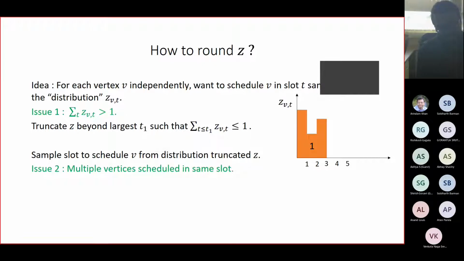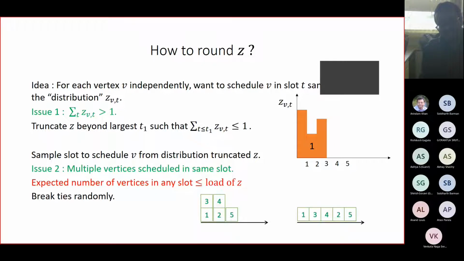The second thing is that in the same slot, you might now have multiple vertices, because I'm scheduling every vertex independently, right? So if you're unlucky, many vertices might land in the same slot, but then you just do a tie breaking, and it will turn out that the expected number of vertices in any slot will be at most the load of Z. So this is at most beta, and so this is a small number, and that's really the trade-off.